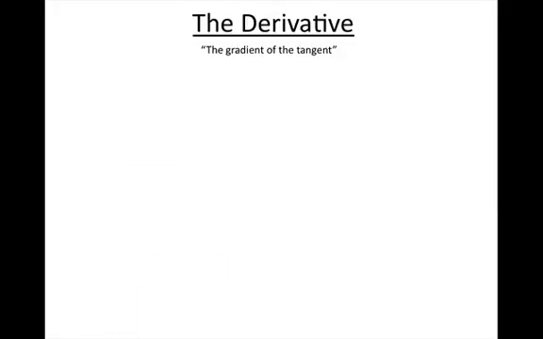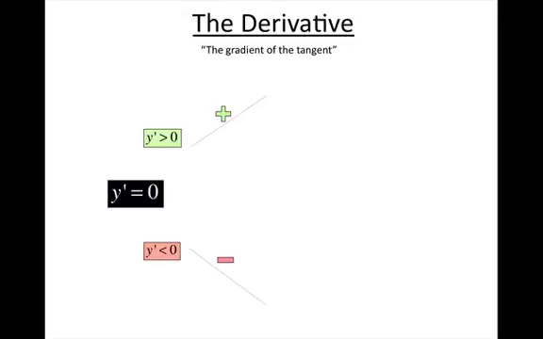So to summarize that, when the first derivative is greater than 0, we have a positive gradient. When the first derivative is less than 0, we have a negative gradient. And when the derivative is equal to 0, we have a horizontal or flat gradient.